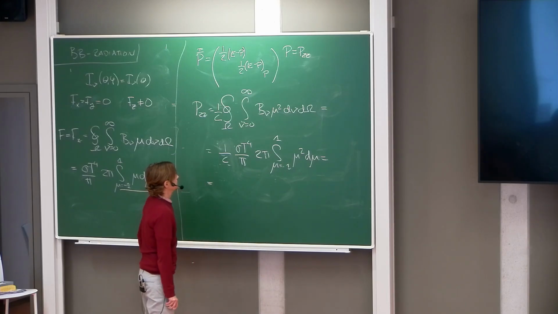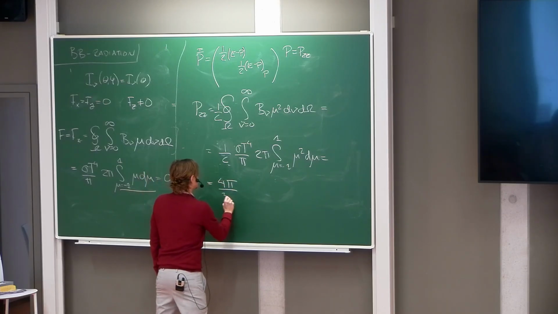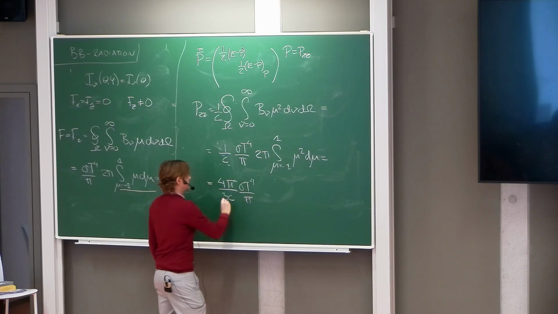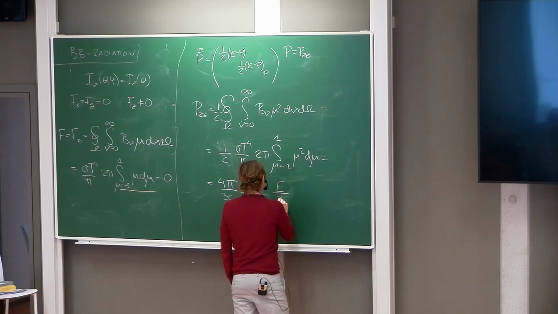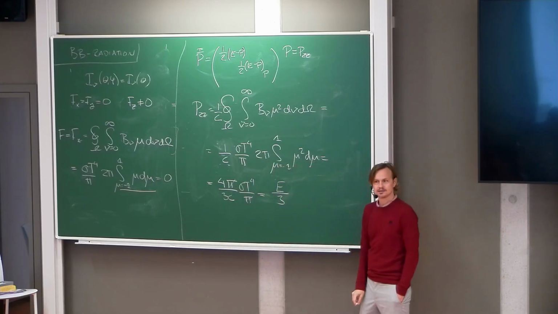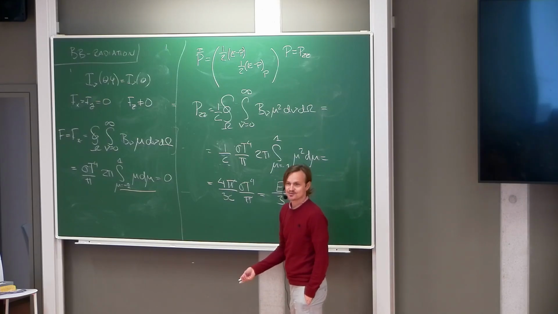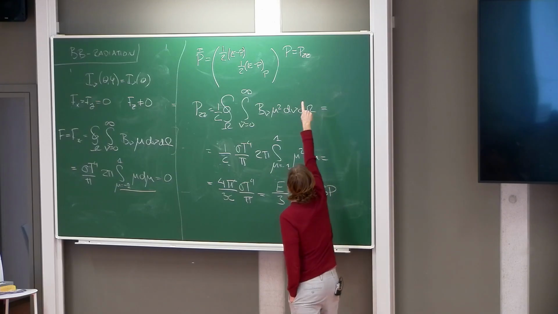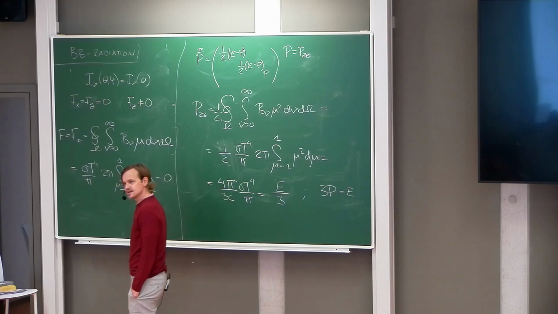So what comes out is 2/3. So you have 4 pi over 3c, sigma T^4 divided by pi. But then we realize that this is actually just E divided by 3, which we sort of knew since it's an isotropic radiation field, that 3 times the pressure, if we use that notation, has to be the energy density.